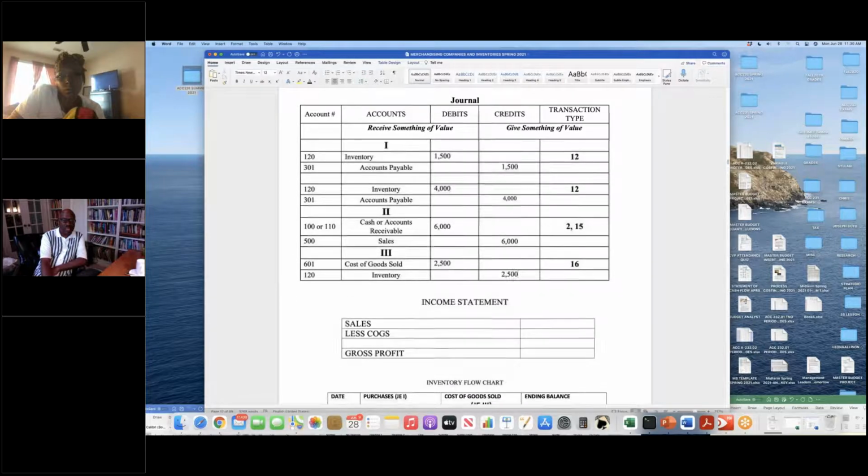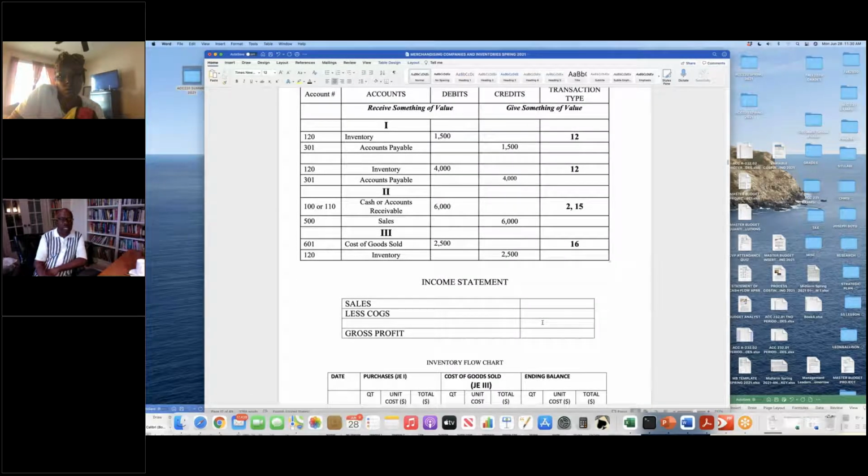Then we got to do the same thing. We do an income statement to see what our gross profit is. It's simply going to be sales less cost of goods sold, which gives us a gross profit of 3,500.